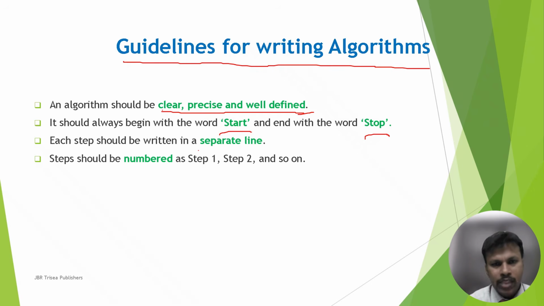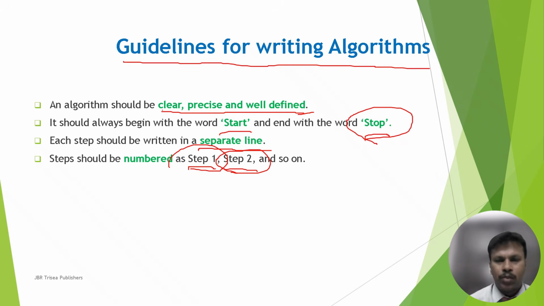You need to mention it like this: step 1 start, step 2 read the line or get the values A and B. Likewise the second line, third line add A plus B, fourth line print A, and fifth line calculate A into B. Likewise you need to write every separate line, mentioning step 1, step 2, step 3, and at last you need to mention stop also.